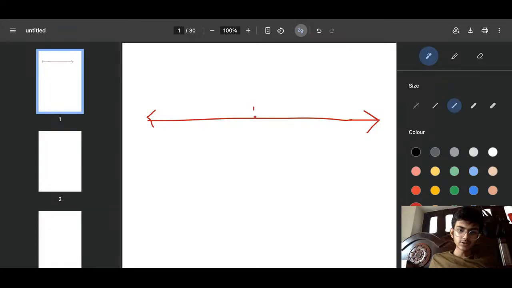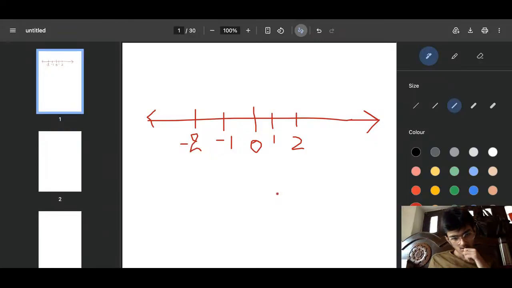So this is your standard zero, and then you have 1, 2, and on the left-hand side minus 1, minus 2. This particular number line is called the standard number line.